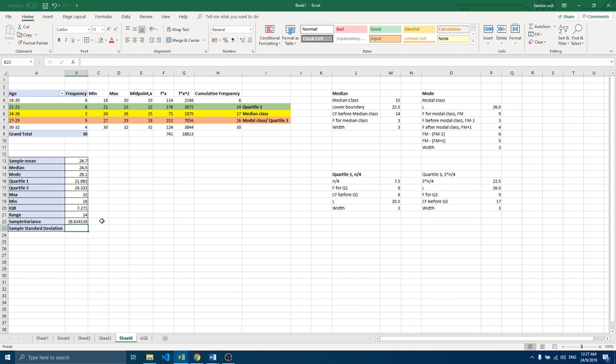So it's 38. Then sample standard deviation, put in 3 decimal places. This one is square root of variance, so put command sqrt, for square root of this answer. Enter. Then you will get the answer 6 years old.